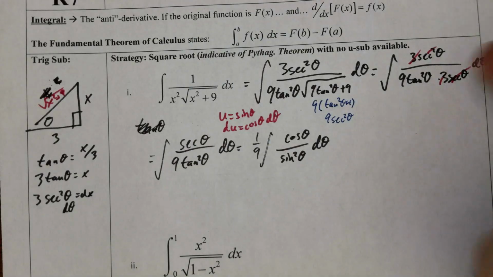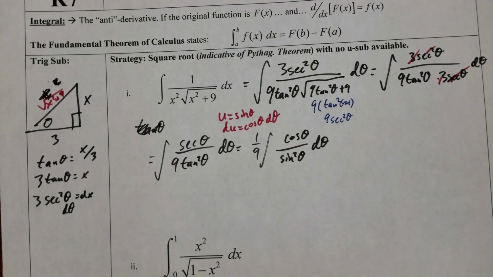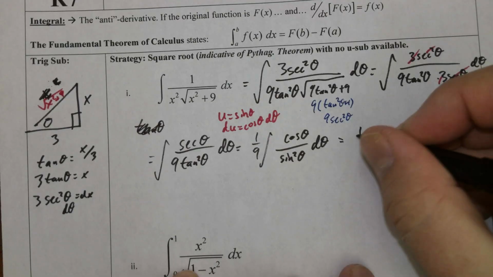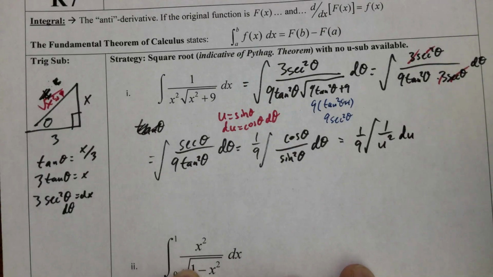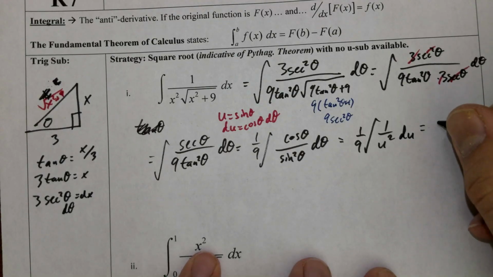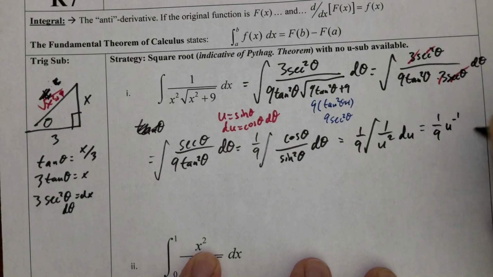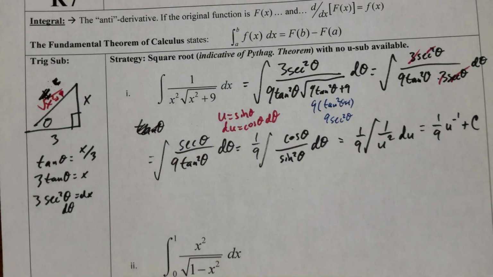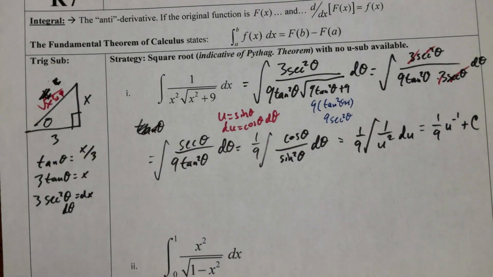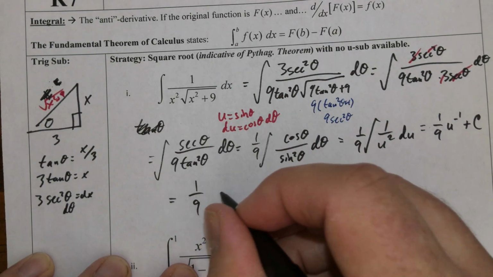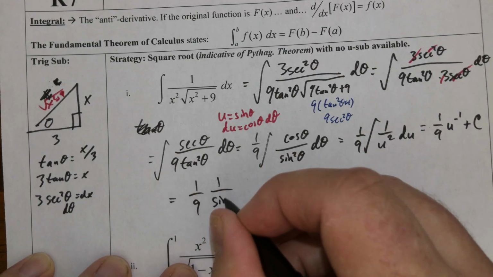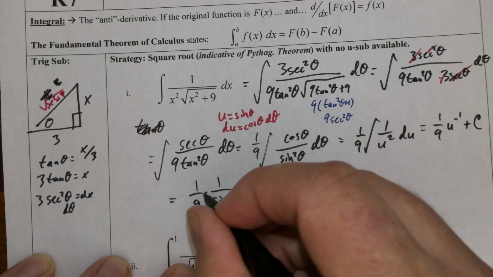So not only do I have a trig sub on this one, I also have a u sub inside of my trig sub to get a nice clean integral of 1 over u squared du. Now I can just anti-derive this thing, and I'd get 1/9 u to the negative 1 plus c. I'm going to plug back in that u to get my nicest, cleanest answer, where I would have 1 over sine theta plus c.